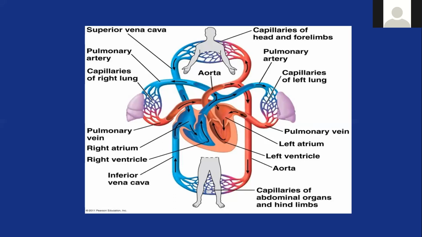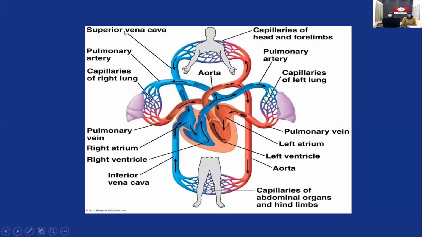The pulmonary vein comes out from the left atrium, and the aorta comes out, and the capillaries of the abdominal organs are supplied. Again, it goes to the right atrium. The deoxygenated blood is indicated in blue color here, ma'am. Okay, thank you.